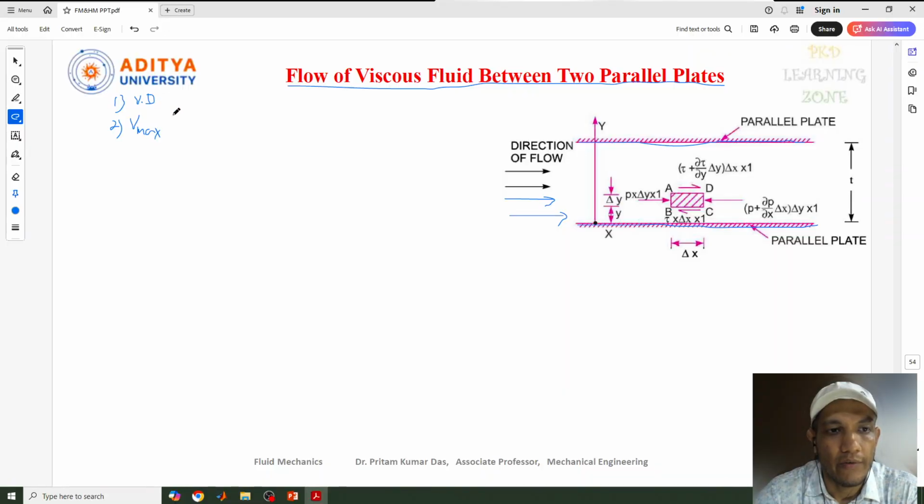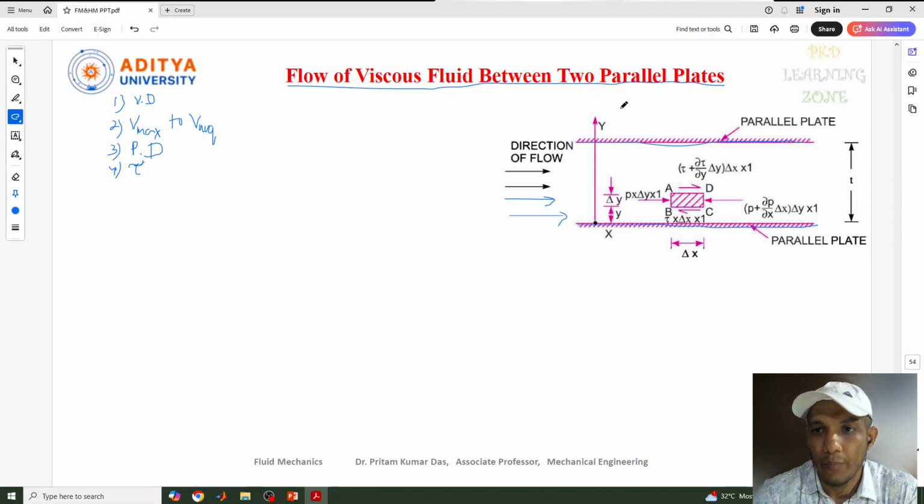Apart from that, we also discussed the shear stress distribution, so that we also need to derive here. Another one is the pressure drop in a given length. These are the things we are going to derive in this topic.